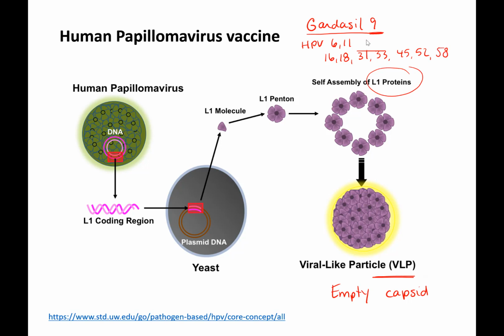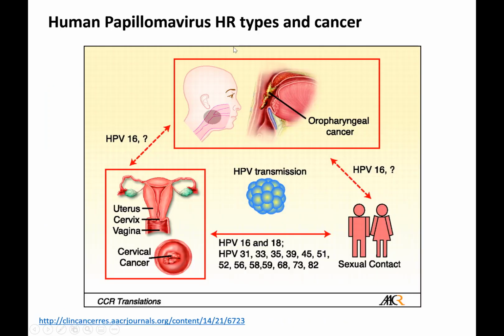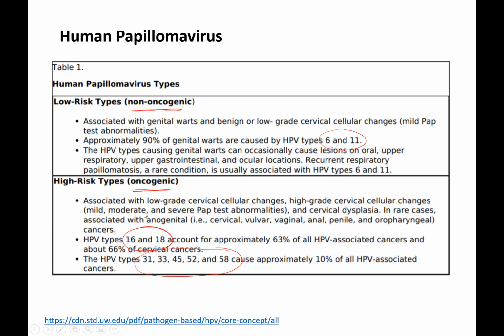It's against 9 different types of HPV. And if you look, these cover now about 73% of all HPV-associated cancers and 90% of genital warts. So it's a really cool vaccine, very safe.